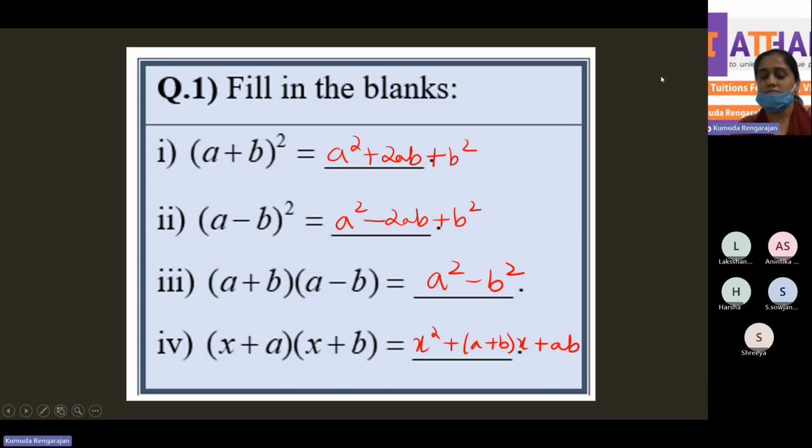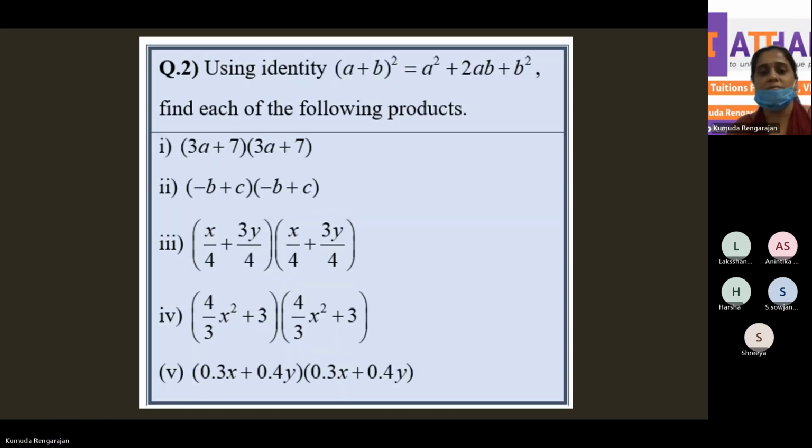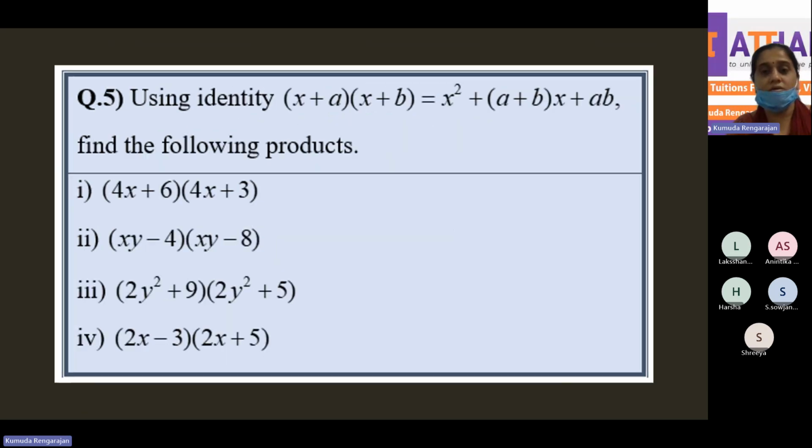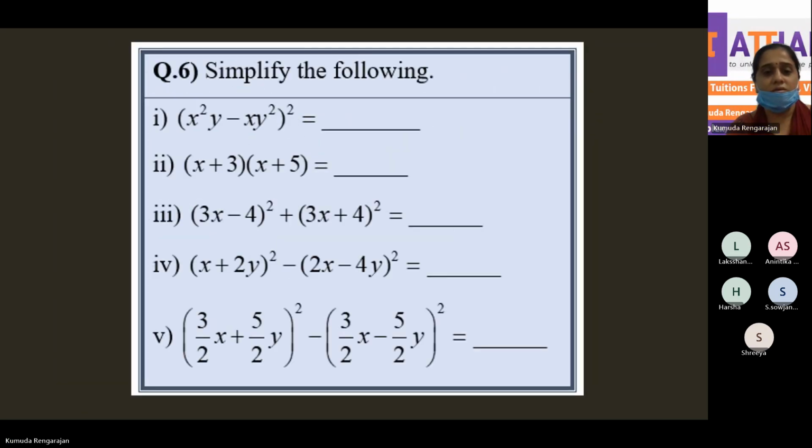Done, children? Done, ma'am. Okay. Now this is your homework. Take a picture of this one. Okay, I'll share it on WhatsApp. Oh, no, not that one.